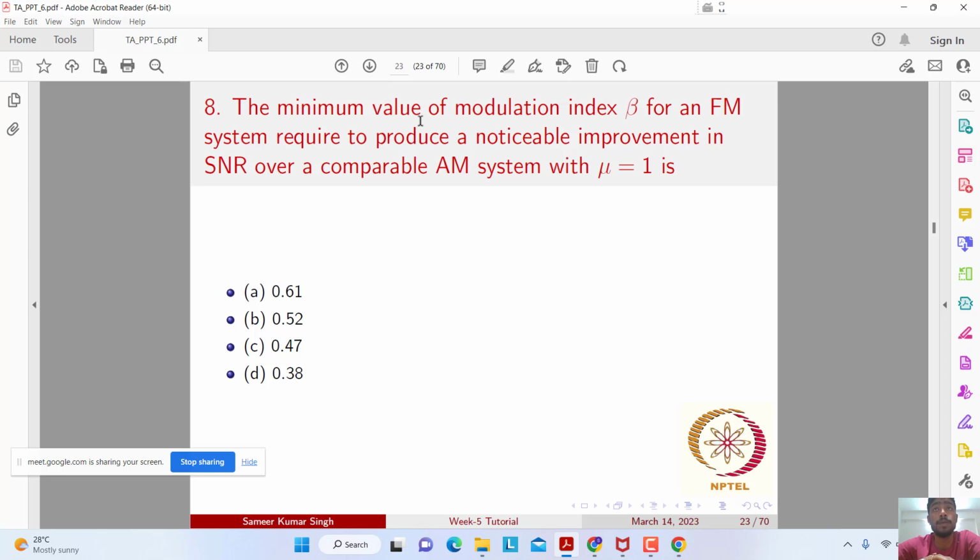Basically, the question is that we have to calculate the minimum value of modulation index for an FM system which is required to produce a noticeable improvement in the SNR over a comparable AM system. Suppose we have an AM system having a modulation index 1.